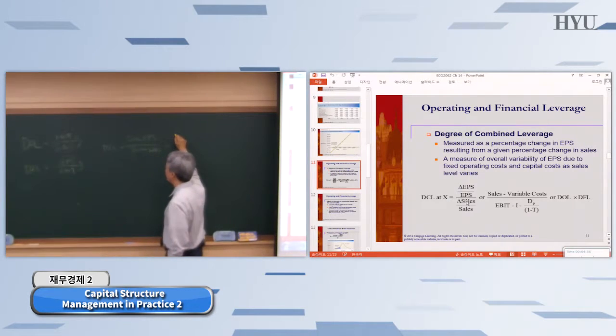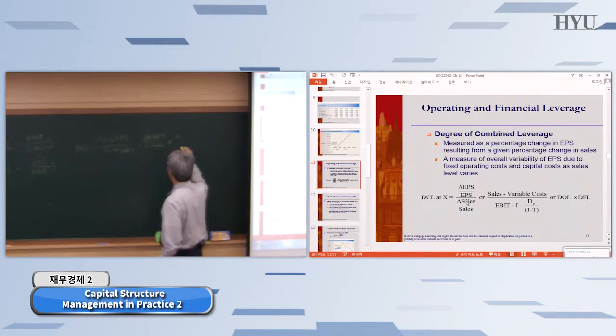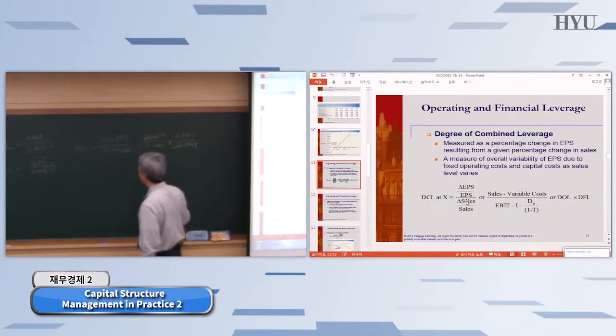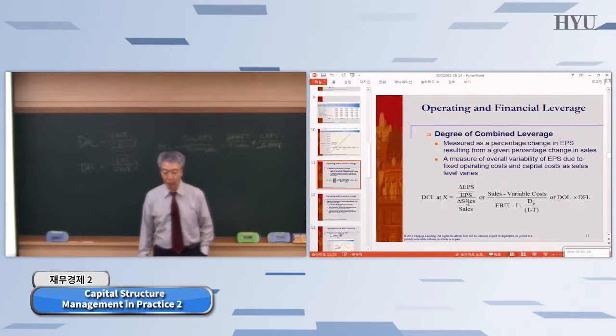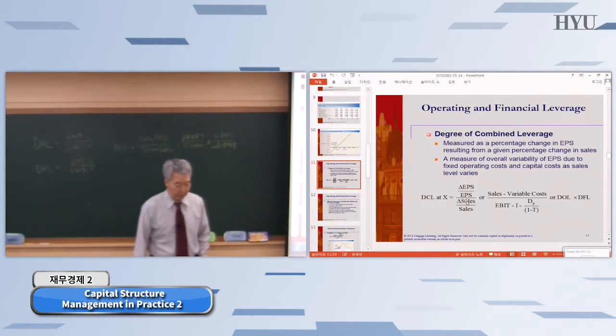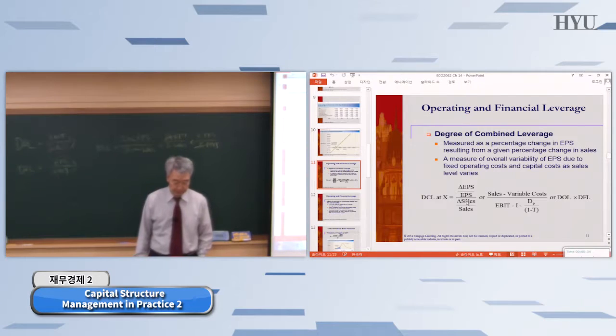So if you do the percentage change in EBIT over the percentage change in sales, times the percentage change in EPS over the percentage change in EBIT, they cancel out, and you are left with exactly the relationship between these two measurements.